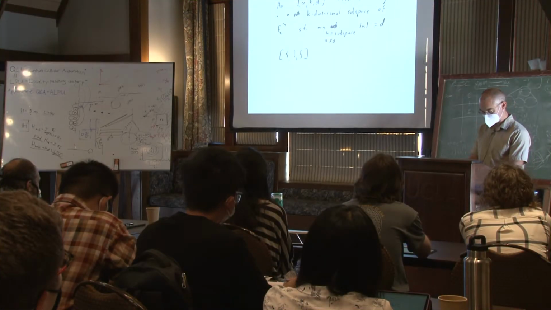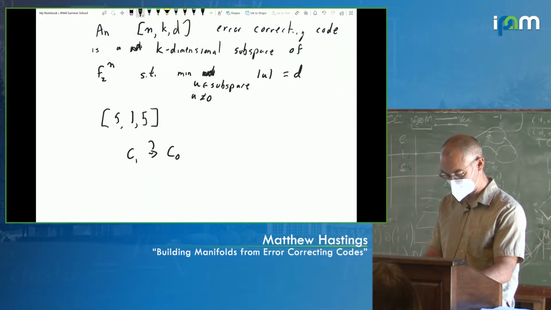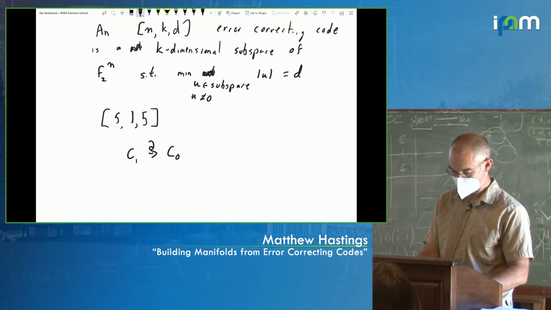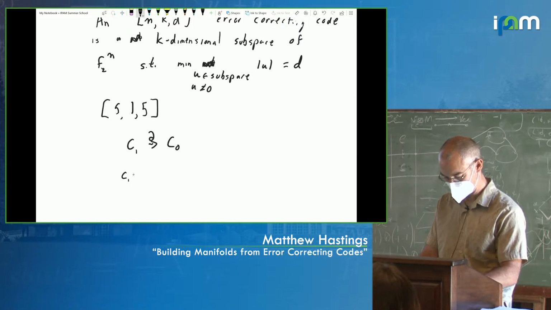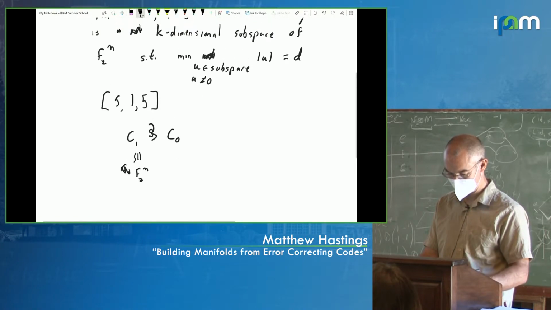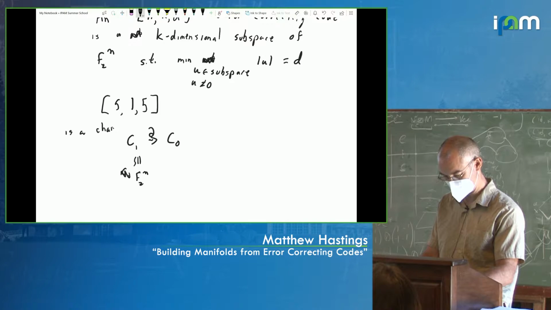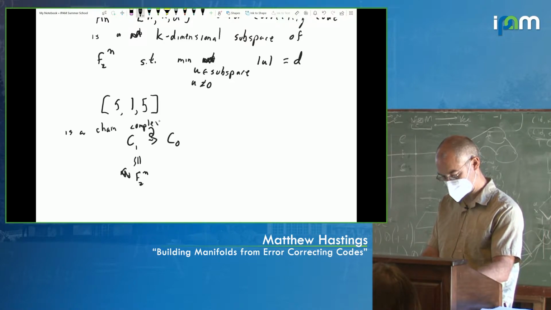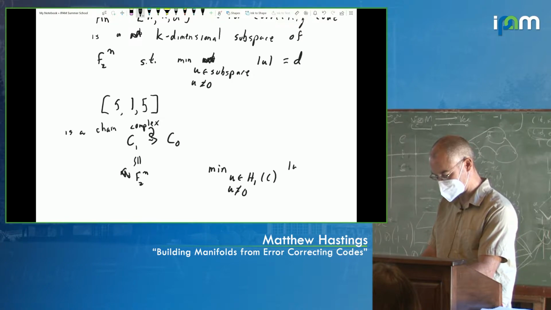Another way to write it is as a chain complex, C1 to C0, by some map grad that we'll call a boundary map. C1 will be F2 to the n, and it's an [n, k, d] code: a chain complex such that the minimum over U in H1 of this chain complex, U not 0, of the weight of U is d.